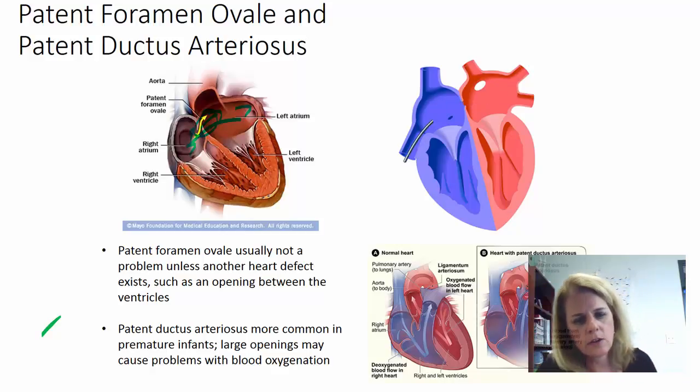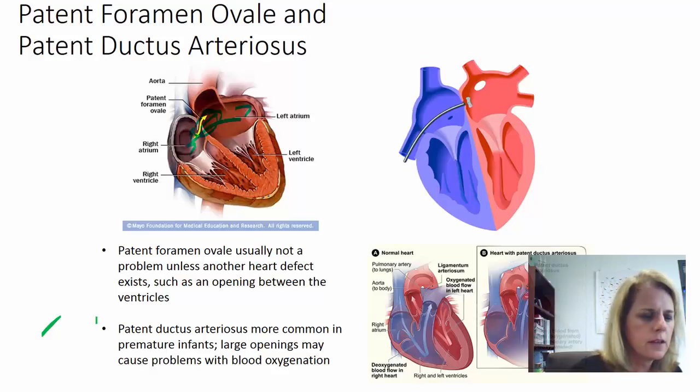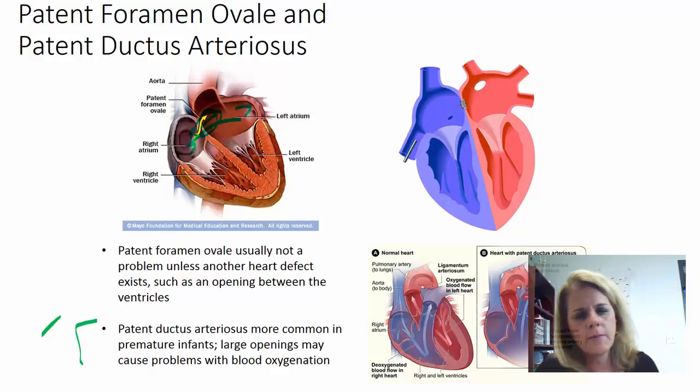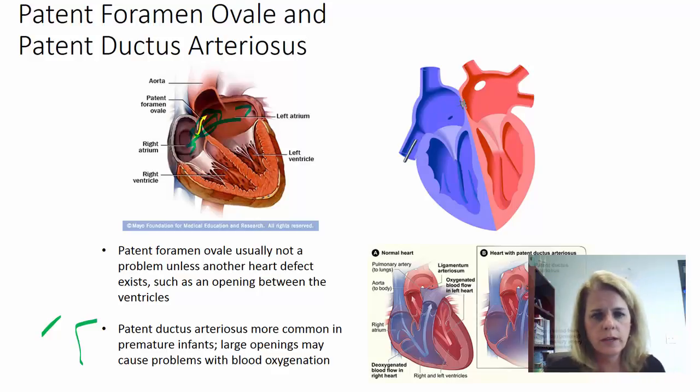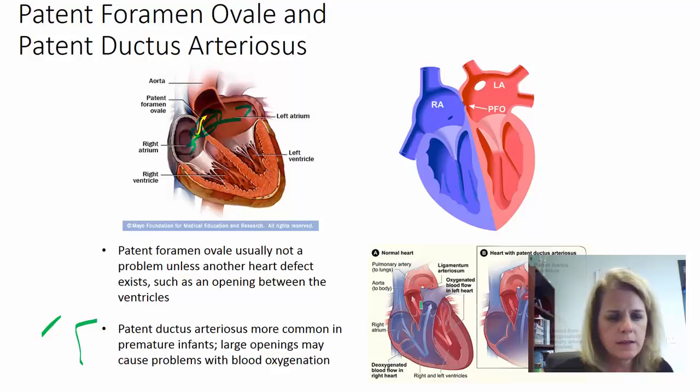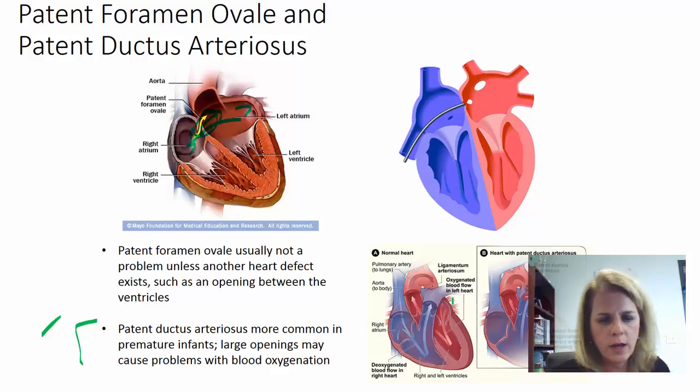Now, patent ductus arteriosus, this can cause some problems. This is really common in premature infants because they're born too early, and so what will happen is that patent ductus arteriosus will remain open, and remember, it's the little shunt between the pulmonary trunk and the aorta.